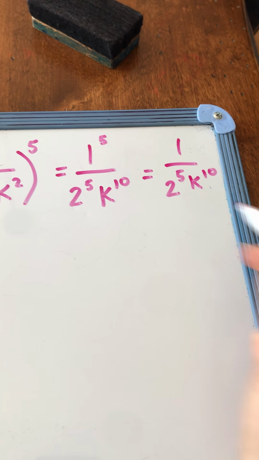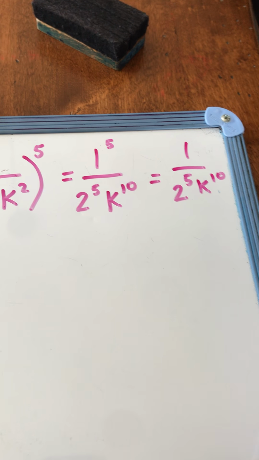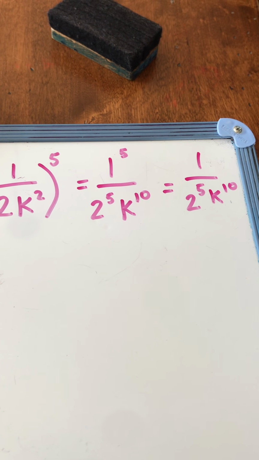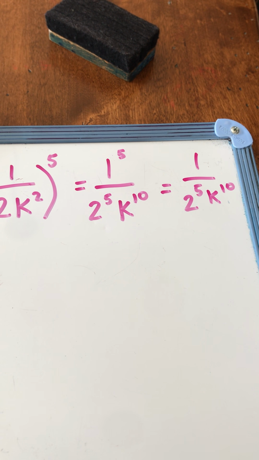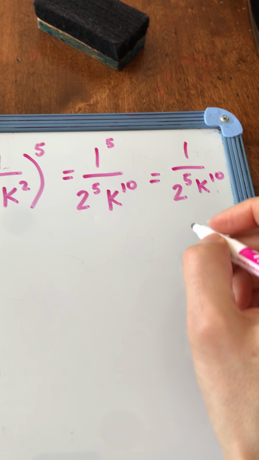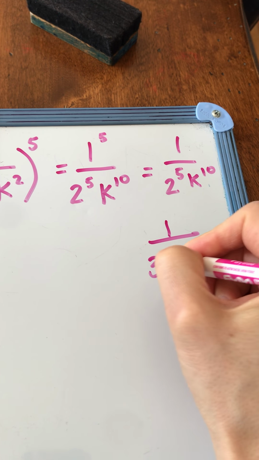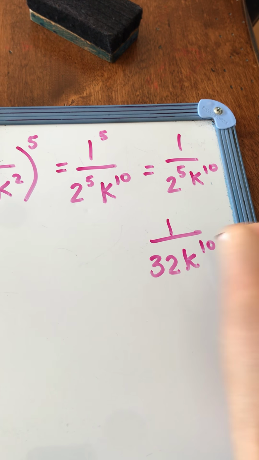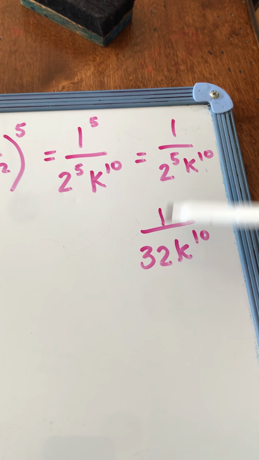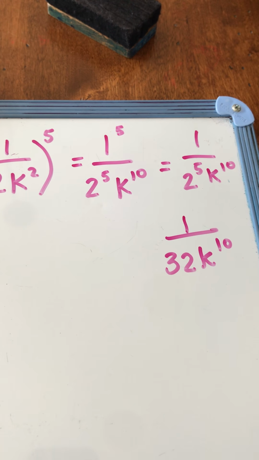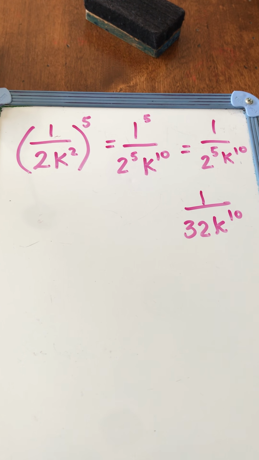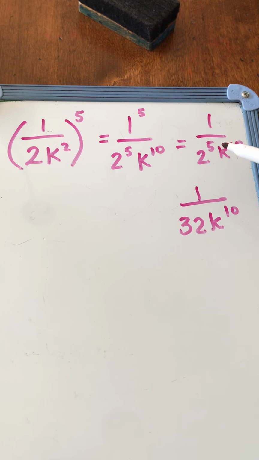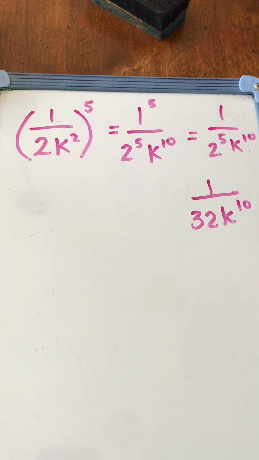If you wanted to do out 2 to the 5th power, 2 times 2 times 2 times 2 times 2, 32. So you could write 1 over 32 k to the 10th. I'd accept either one of these answers. All right, there's that one. Again, we had all positive exponents, so we didn't have to worry about rewriting anything.